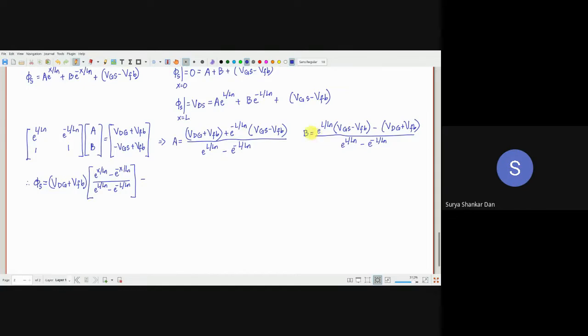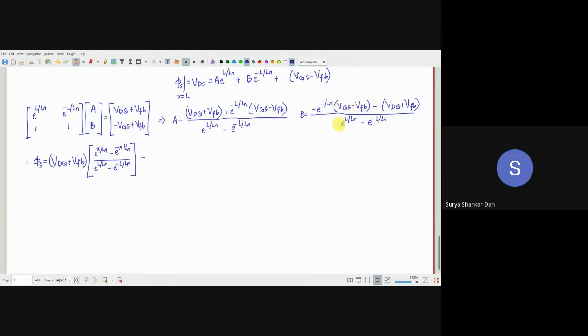Yes, there will be a minus in the front. B will be e to the power of L by ln. This minus I'm taking outside. Not here, because it is VGS minus VGS plus VFB. This whole factor comes here, so it will become minus. Yes, thank you.